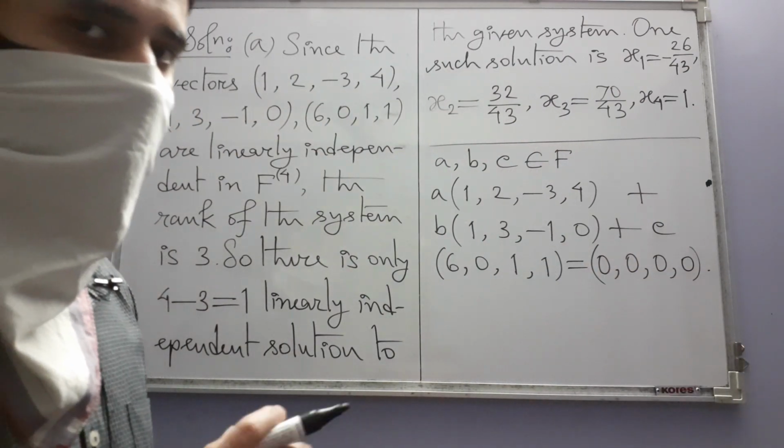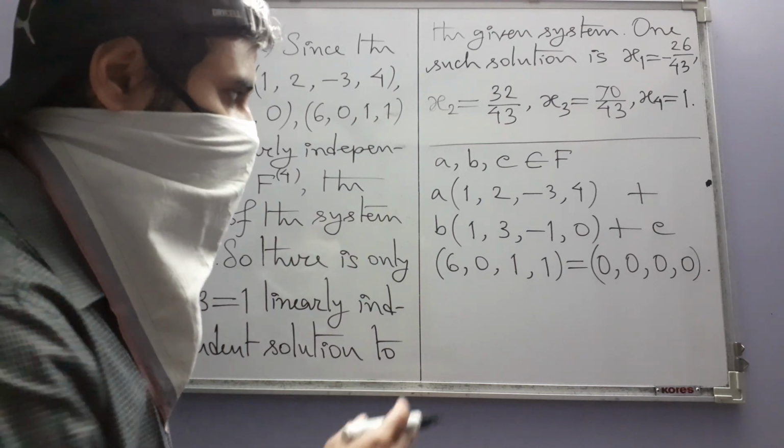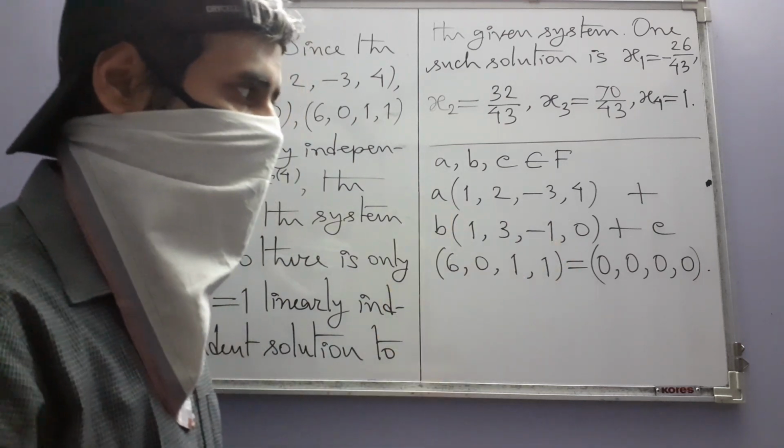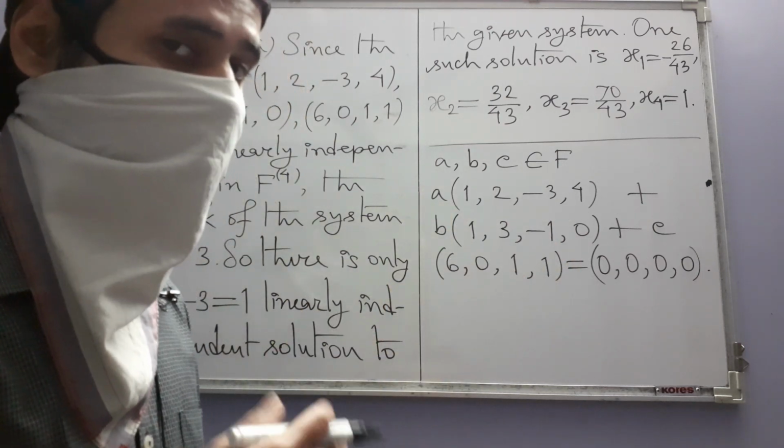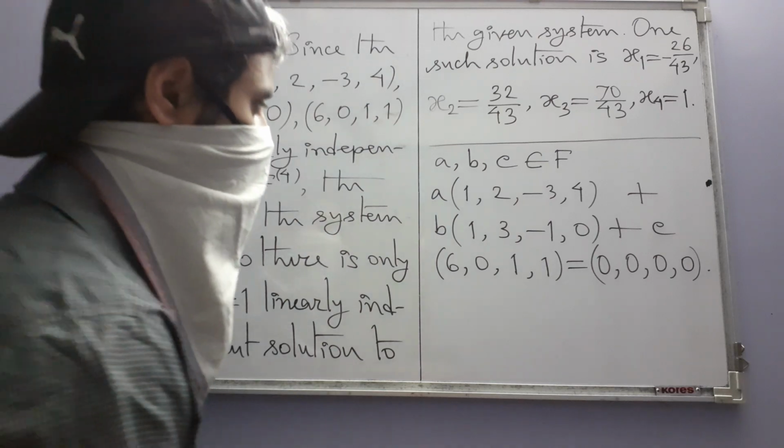And then we have to check whether A, B and C all of them becomes 0 or not.